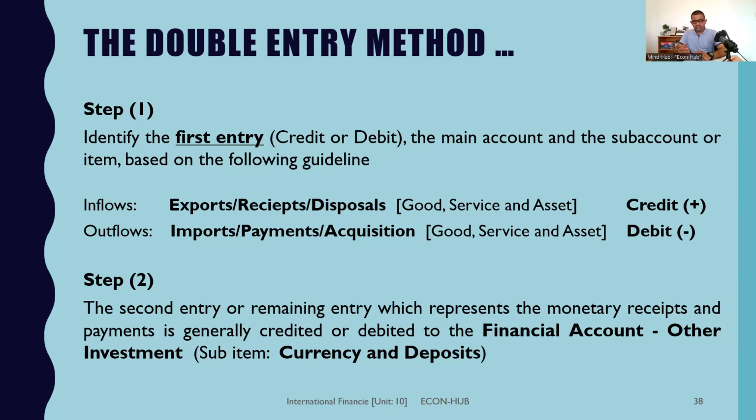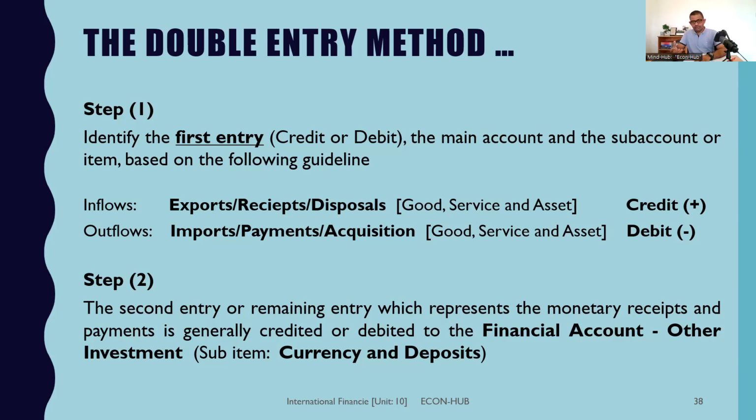First step is, once you are given an item, figure out the credit or the debit entry, meaning which account and sub account you record it in, depending on the item given. We use a small guidance for this.